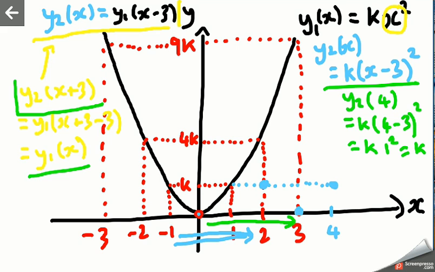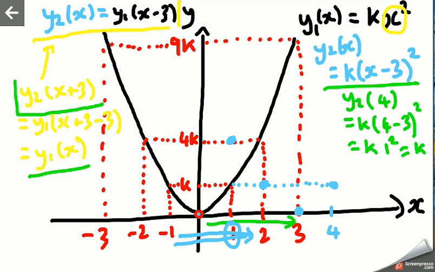And you can check for the rest of them. So when x is equal to 1, we do indeed get 4k out, because y2 of 1 is equal to k times 1 minus 3 squared, which is equal to k times negative 2 squared, which is equal to k times 4, which is 4k.